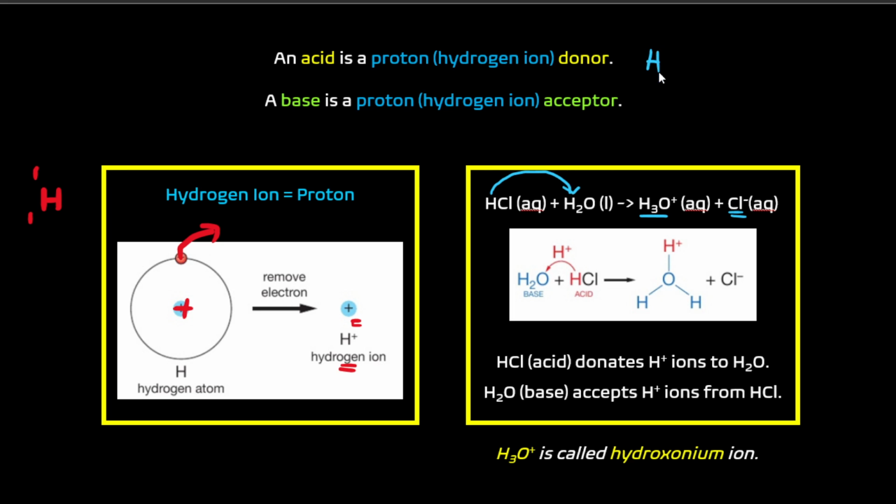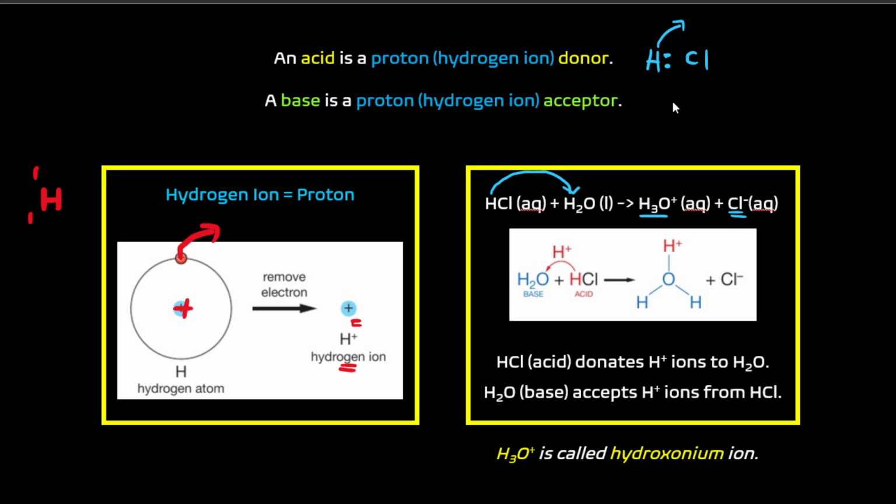Okay, HCl, since it is a covalent bond, they share a pair of electrons, and when H leaves from HCl, this bond can be represented as two electrons as well, right?